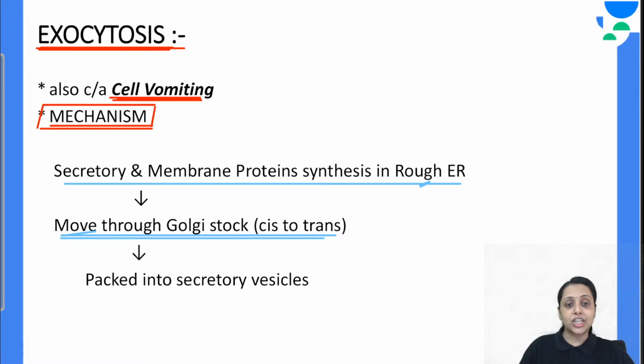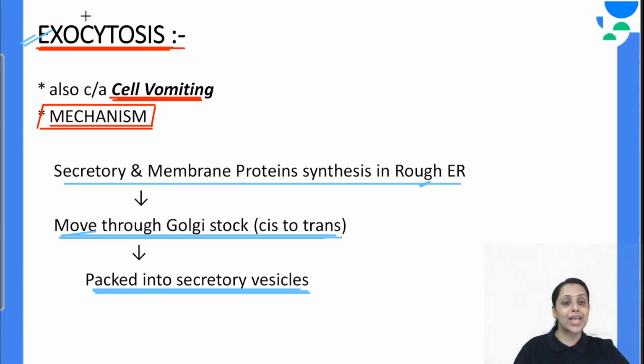The Golgi apparatus modifies the protein and releases it in the form of secretory vesicles, which are the classical example of exocytosis. Is this clear with everybody?